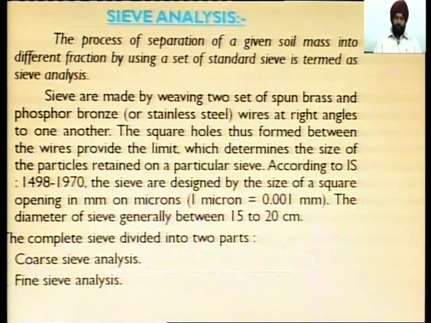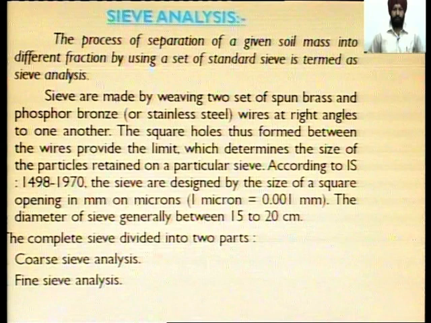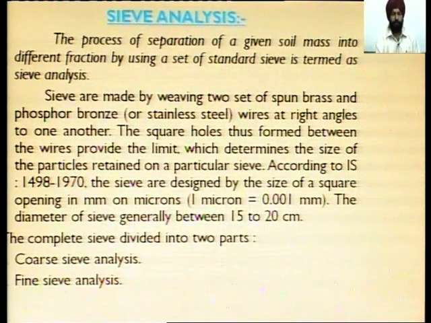The diameter of a sieve is generally between 15 to 20 centimeters. The complete sieves are divided into two parts. Number 1, coarse sieve analysis. Second, fine sieve analysis.